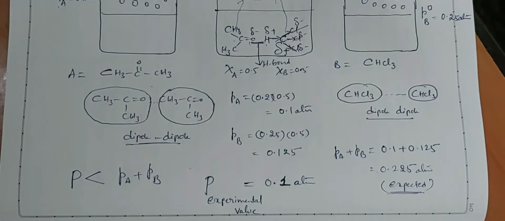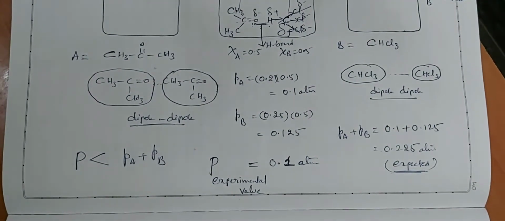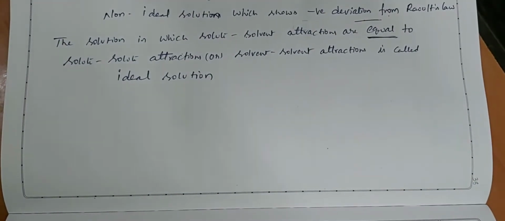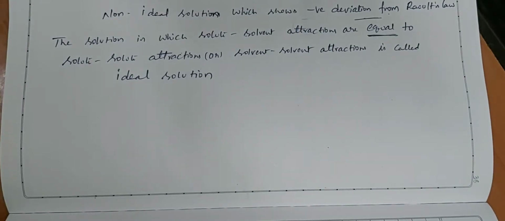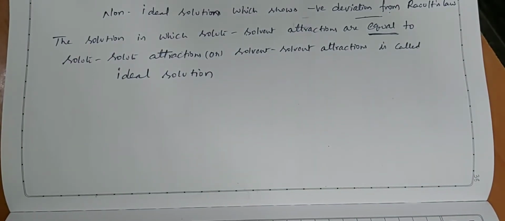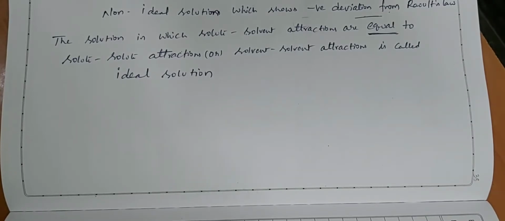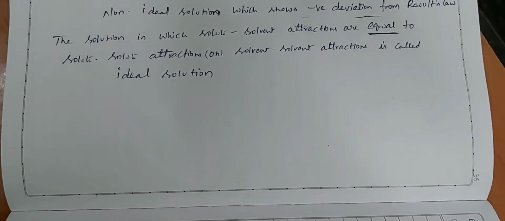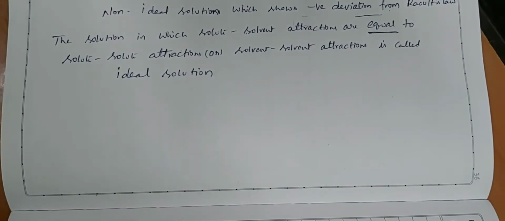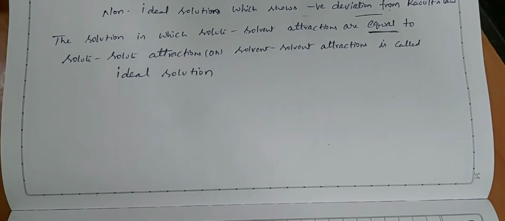Next we have to see the ideal solution example. Ideal solution, what is the definition? The solution in which solute-solvent attractions are equal to solute-solute attractions or solvent-solvent attractions is called an ideal solution.